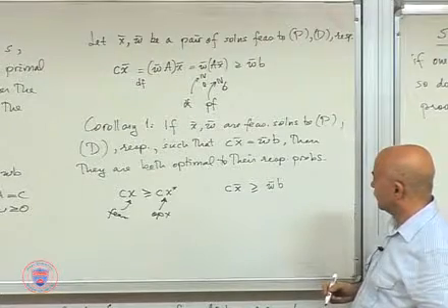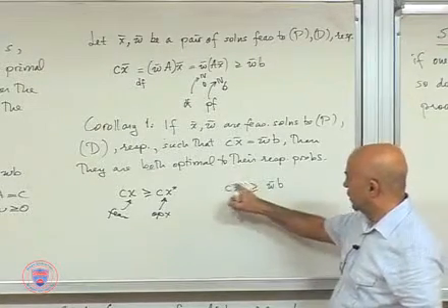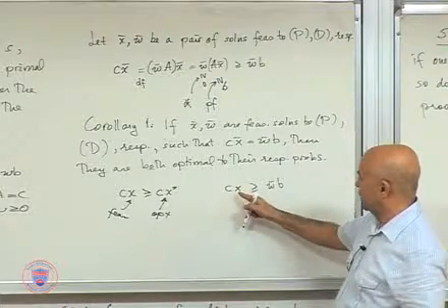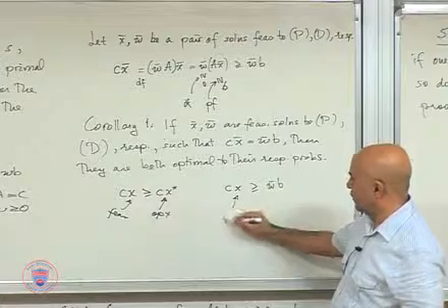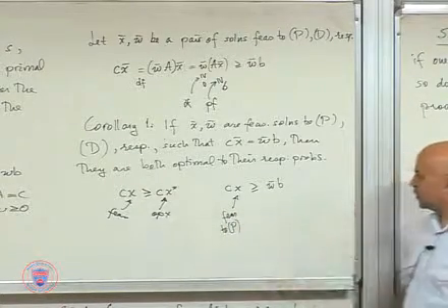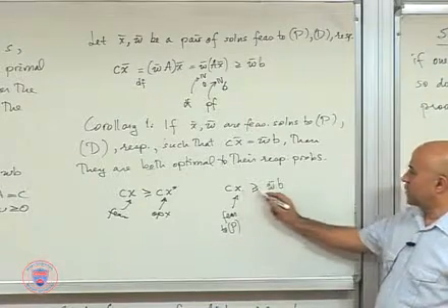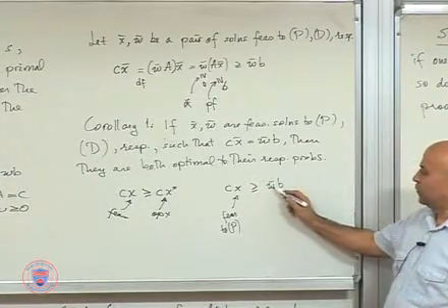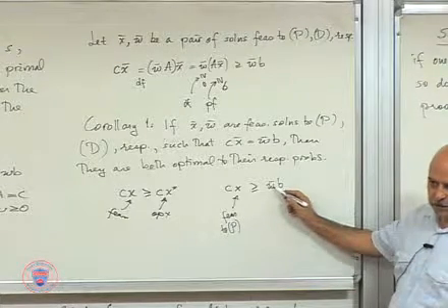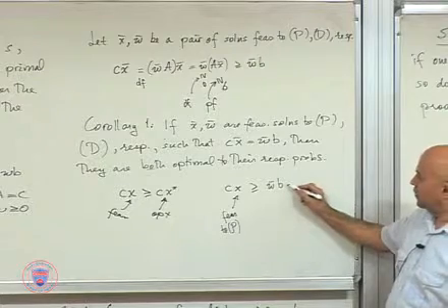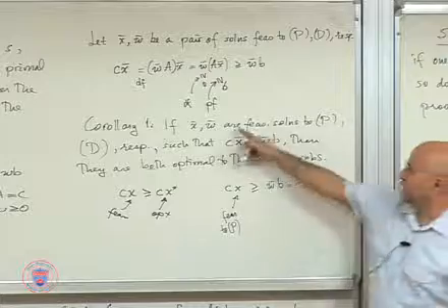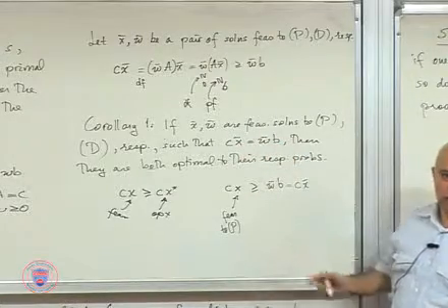Now, let me take any feasible x to the primal, for minimization type primal. Cx will be bounded below by wb for any feasible w. In particular, w bar is feasible. And of course, this is already equal to Cx bar by assumption of the corollary.